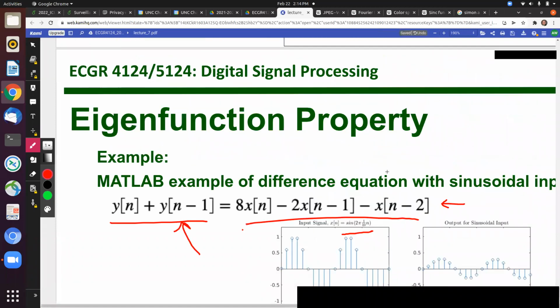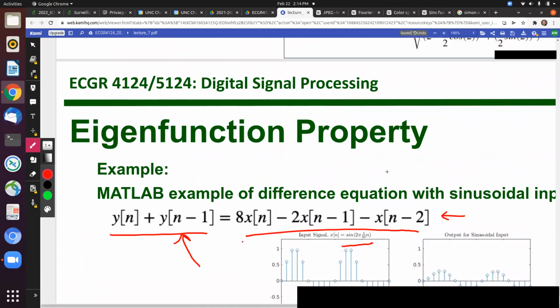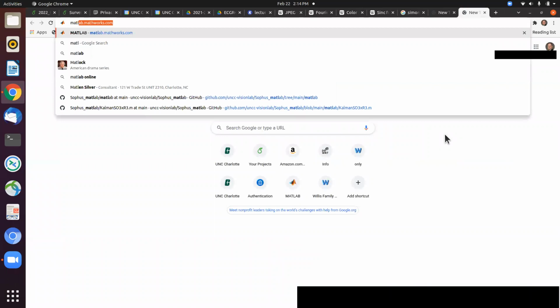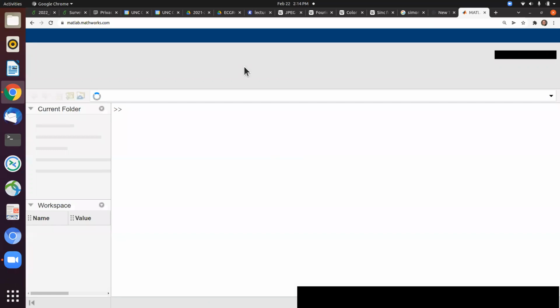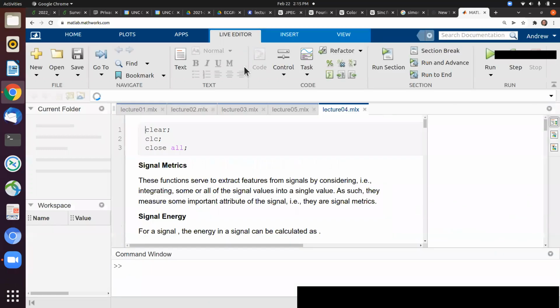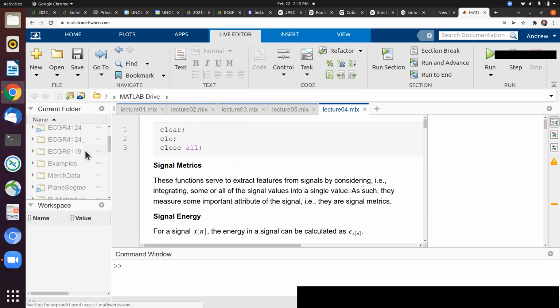So there's a MATLAB example to go along with this. I would love to pull that up, but I don't know if I have the time to do so. It is under the MLX file for lecture 7, and it shows you the actual verification in MATLAB of the eigenfunction property.